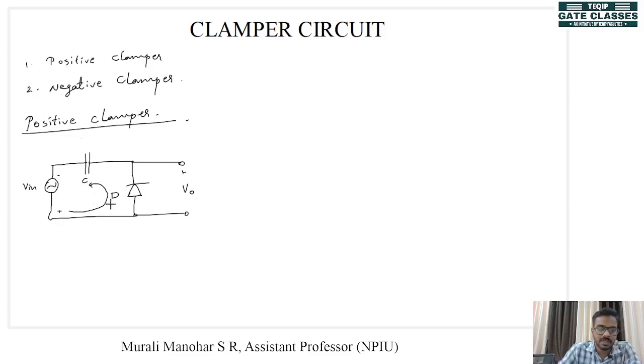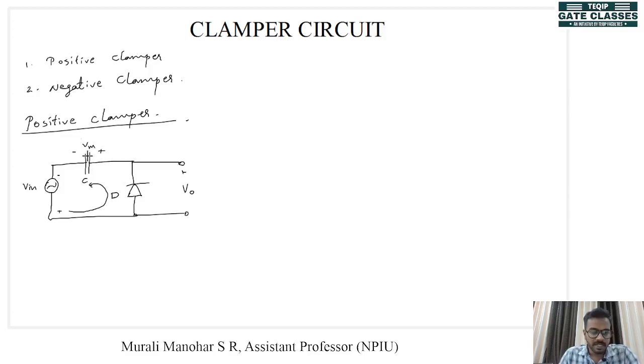Charging current flows like this. So the diode is now short circuited, because as usual we are assuming that the diode is ideal. So when the diode is short circuited, the capacitor is getting charged. We know that the capacitor will get charged until the voltage is Vm. The capacitor voltage is Vm.